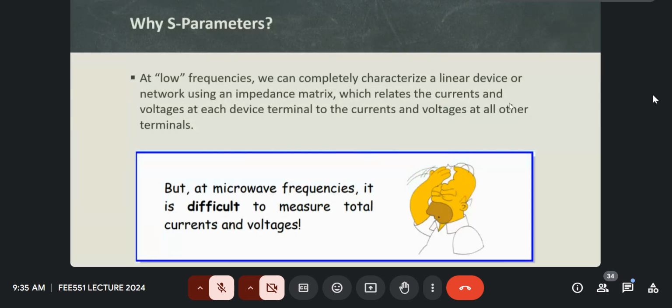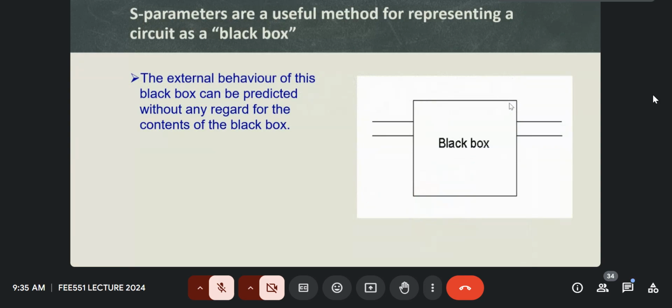That's why we need S parameters. You can take S parameters to be like a black box where you put something in and then you get what happens. You can predict the behavior of this black box. So basically, S parameters is like a black box of parameters.